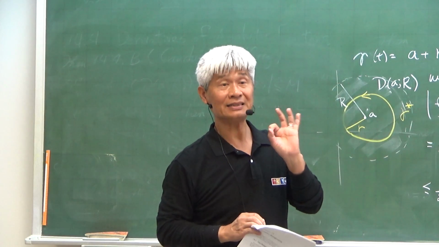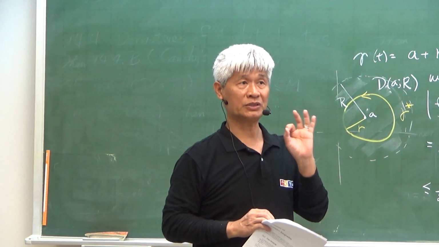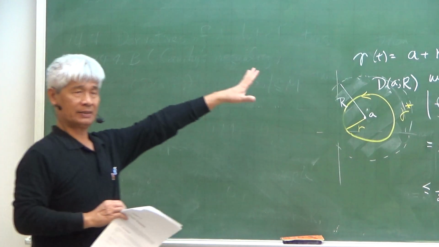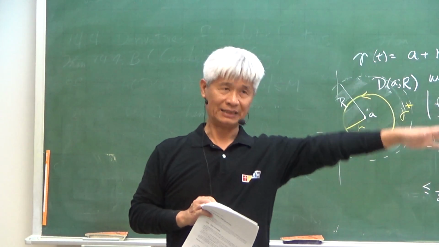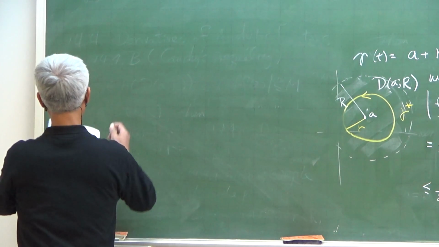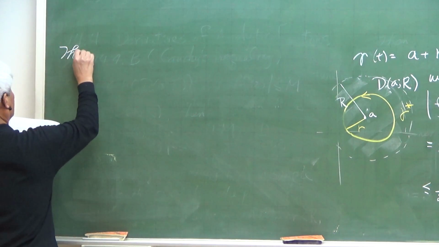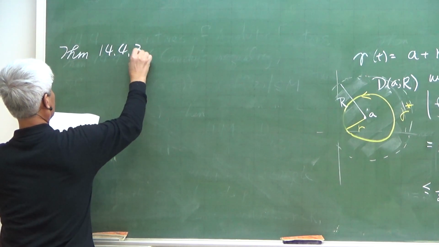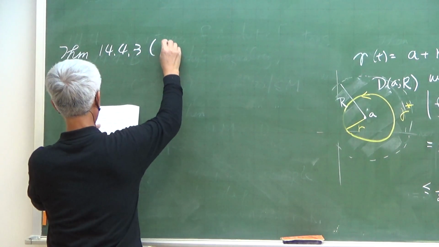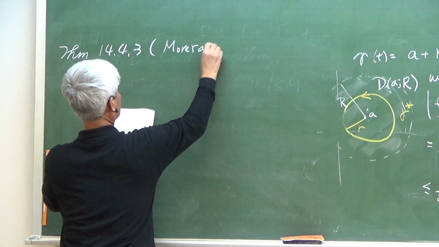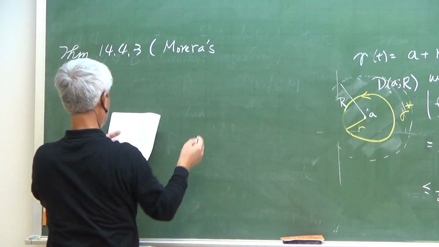This is the spirit of Cauchy's integral theorem. So the premise is that you have an analytic function. Now we will give a version of the converse of Cauchy's integral theorem. It's called Morera's theorem.